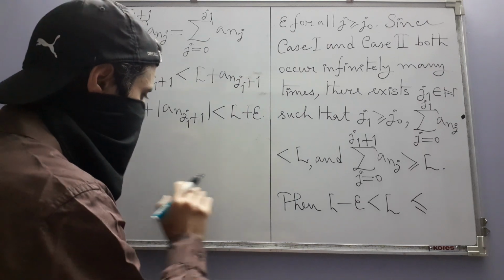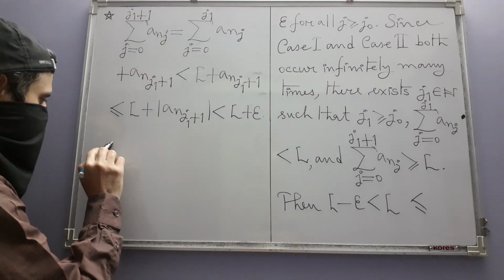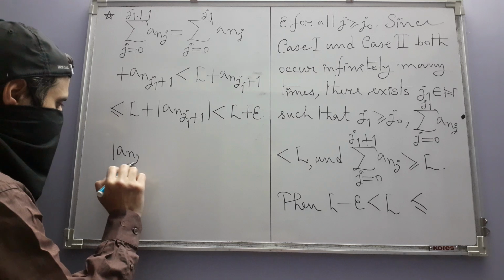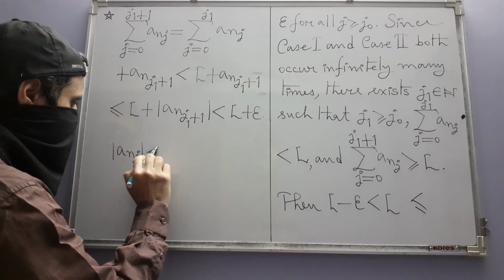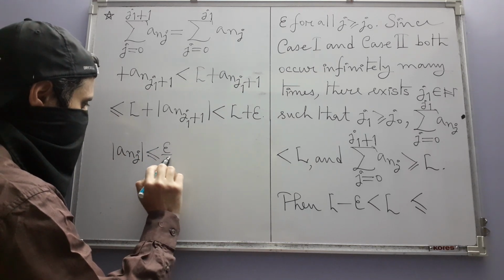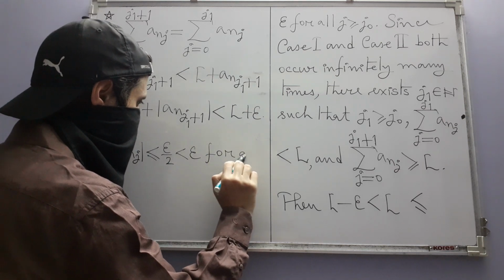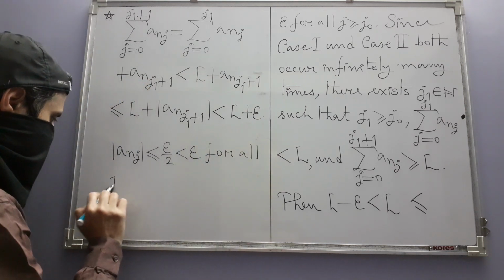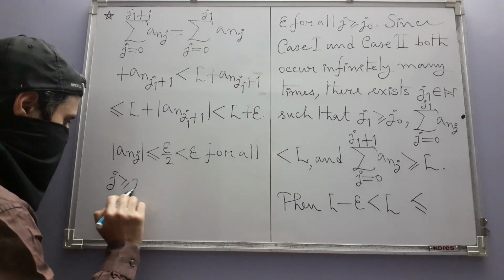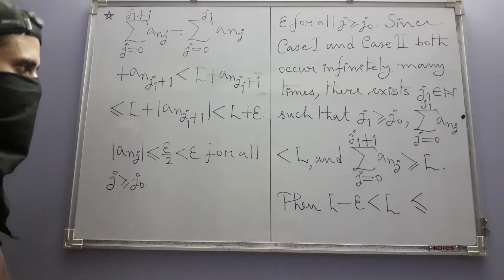Remember that in the beginning we have this thing, no? a n j is less than or equal to epsilon over 2, which is less than epsilon, for all j greater than or equal to j naught.